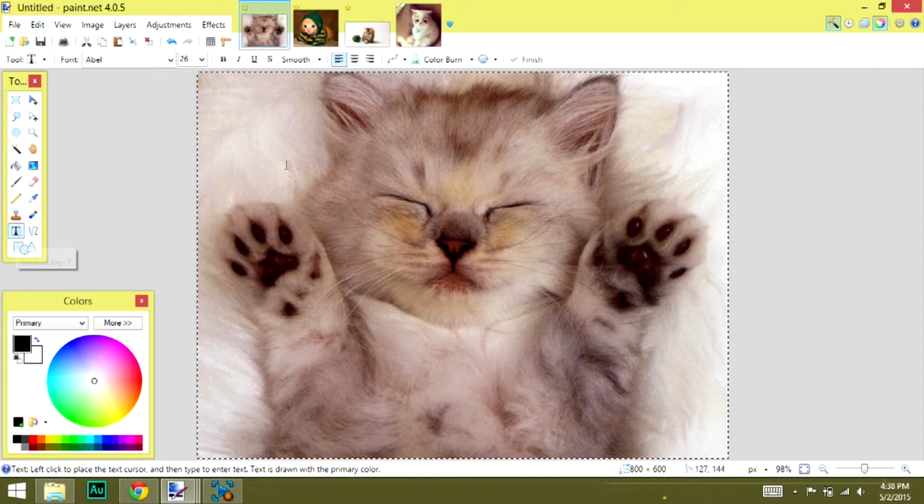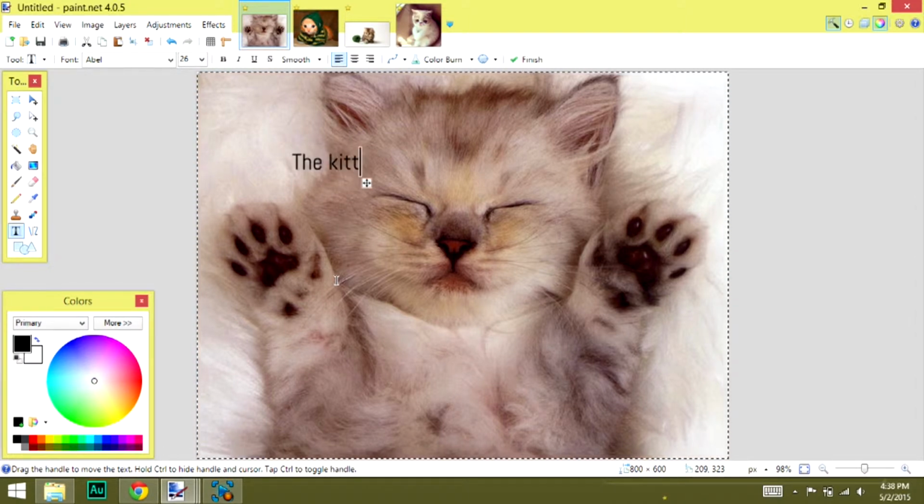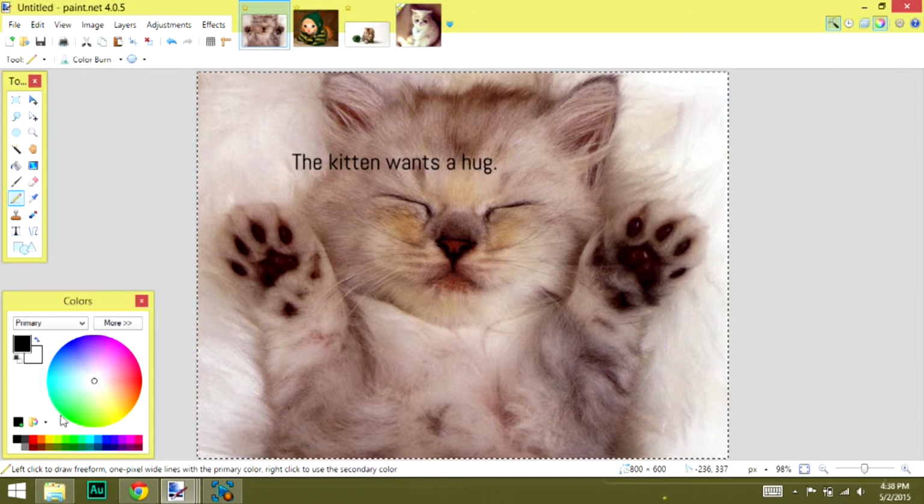So there we have our cat, and our cat will help us explain the independent clause. So we'll just write an independent clause really quick. The kitten wants a hug. How adorable. Okay, so what makes this an independent clause is that it can stand on its own because it is a complete thought.